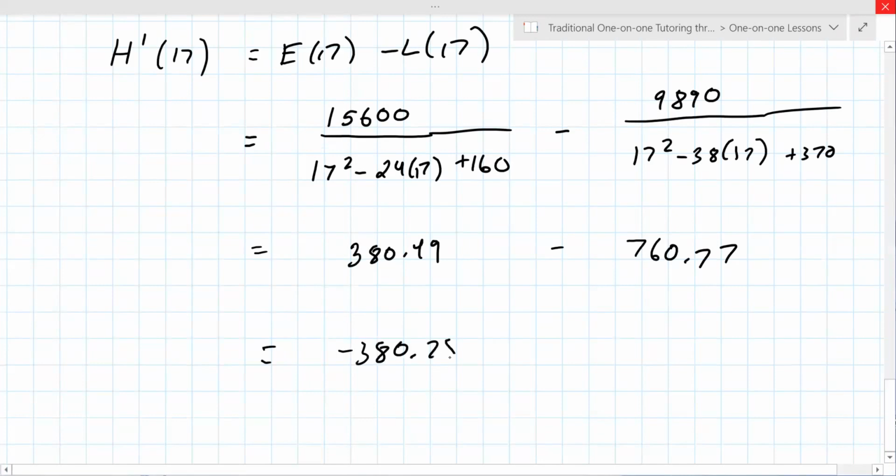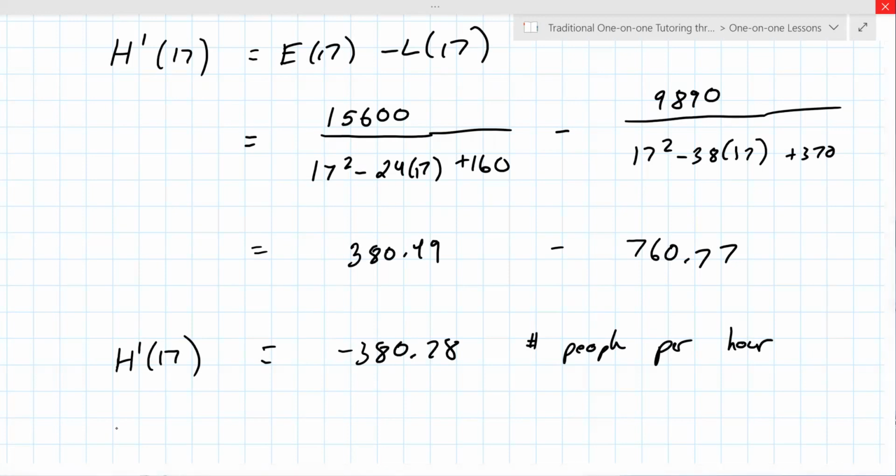All right. So the h prime of 17 is a rate, and you need to go back and look at what the rate definition is in terms of its units. So it's the number of people per hour. Okay. Because it wants you to interpret as part of the answer. So if you go back and read it, it says, explain the meaning of h prime of 17.